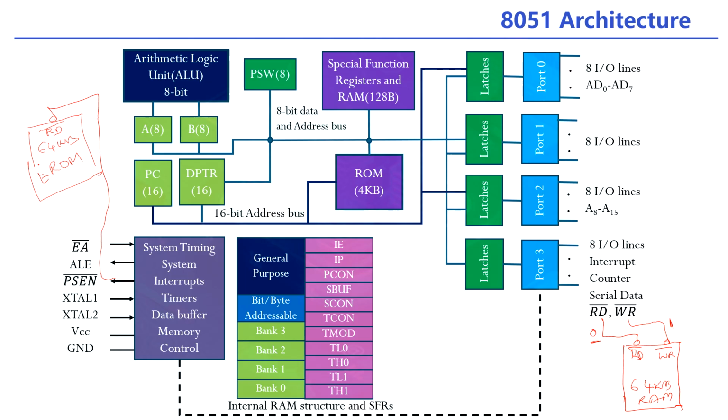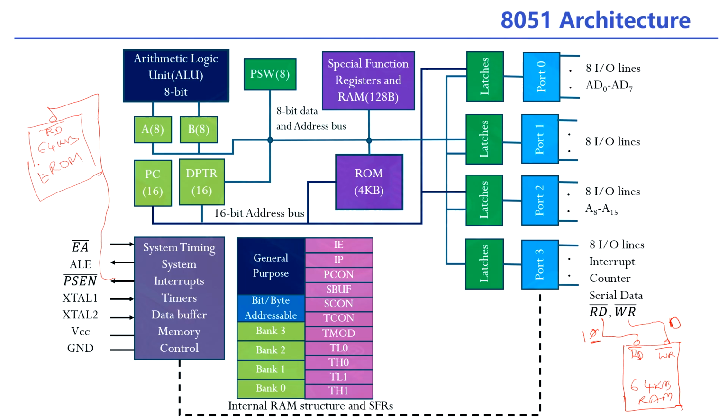But in case of a write operation, RD bar will become 1 and write bar will become 0. Whenever this is equal to 1 and this is equal to 0, the 8051 microcontroller is writing 8-bit information onto external data memory.